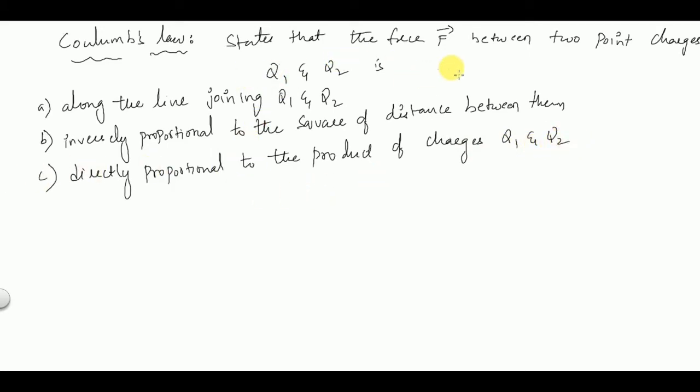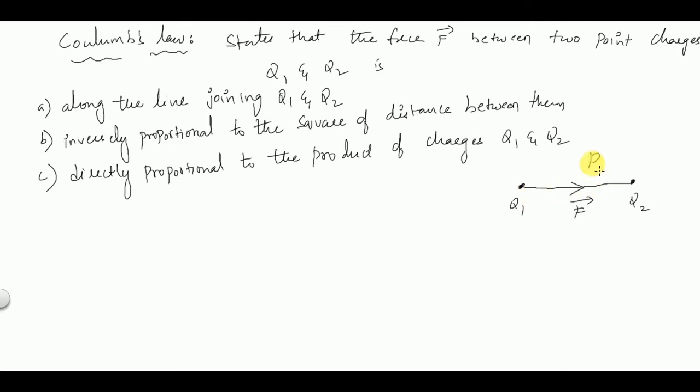So it states that the force F between two point charges, suppose there are two point charges Q1 and Q2 like this, then the force is along the line joining Q1 and Q2, so the force is in this direction. And it is inversely proportional to the square of the distance between them.